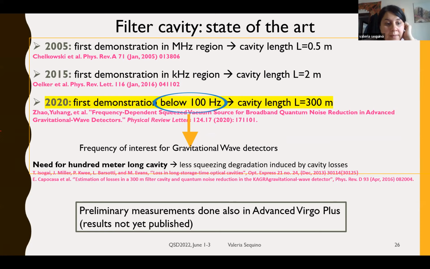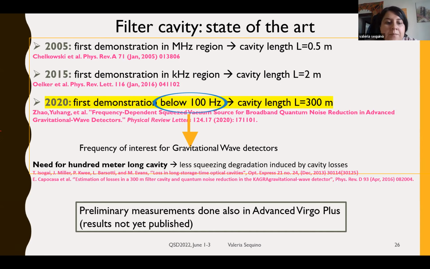Only in 2020 was there the first demonstration of the rotation of the squeezing angle using a filter cavity for frequencies below 100 Hertz. They used a cavity 300 meters long.